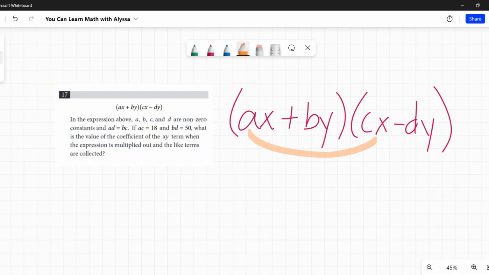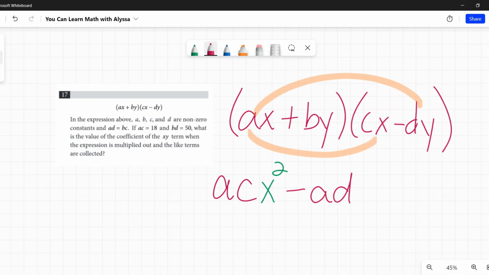All right, so first, ax times cx. So we have a times c, x times x is x squared. Then I have my outside, ax times negative dy. So I have negative a times d, and my little variables, x times y. Then I have my inside, by times cx.